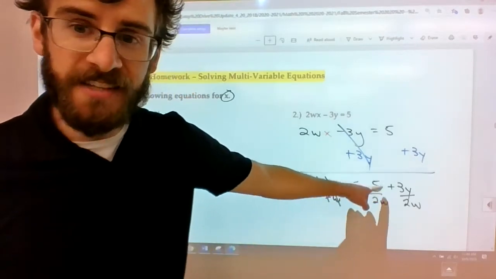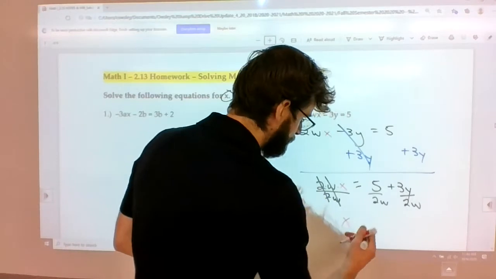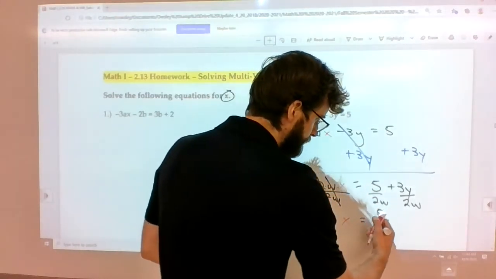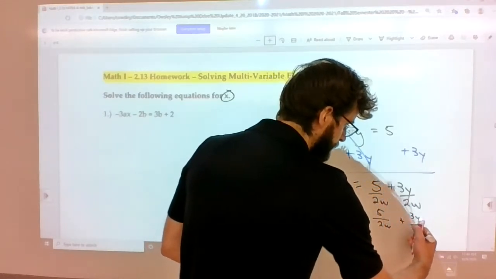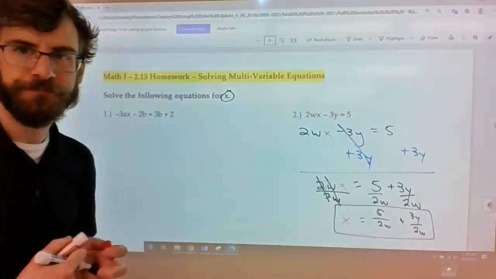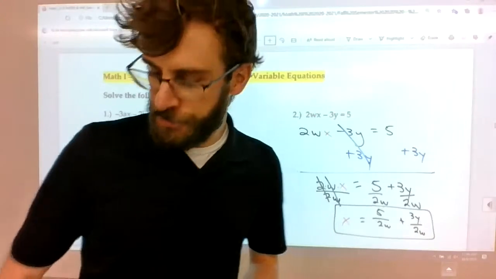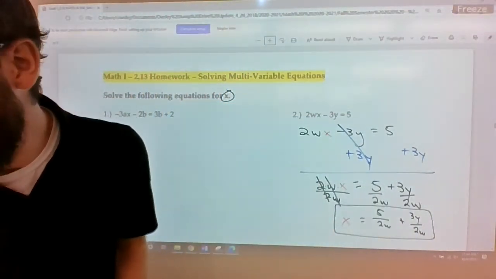If it's on the right-hand side, everybody divides it individually. So x equals 5 over 2w plus 3y over 2w. Number 2 is done. Number 4, on the way.